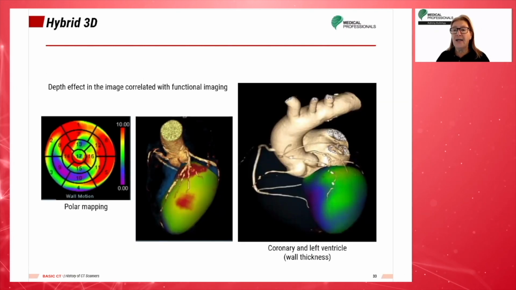On this slide, you will see a few examples of hybrid 3D imaging. All new scanners are now hybrid PET-CT scanners. The CT portion of these systems takes advantage of recent developments in multi-detector CT technology.